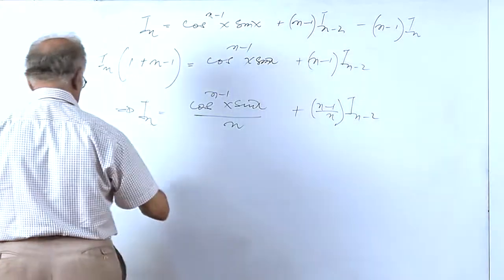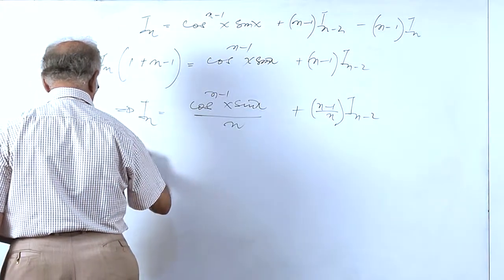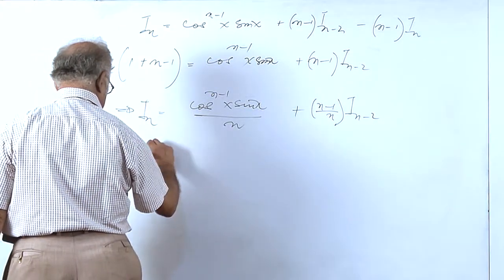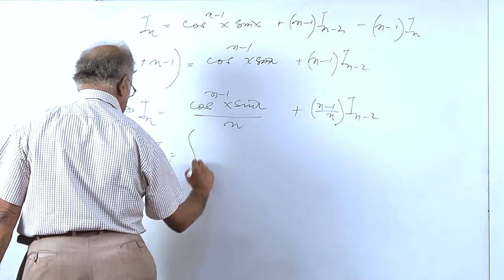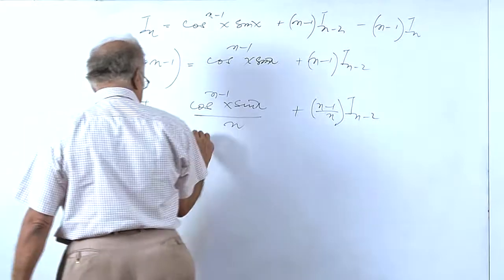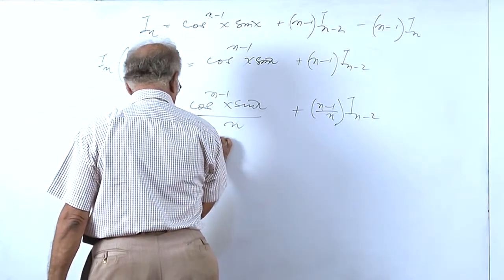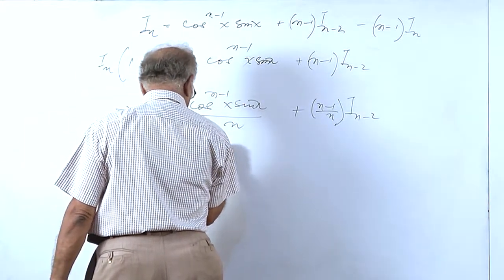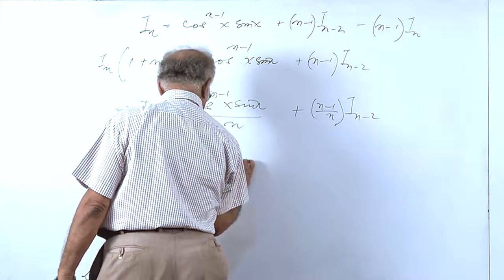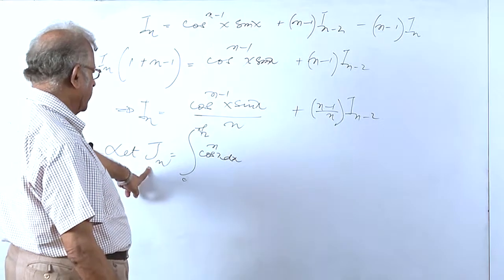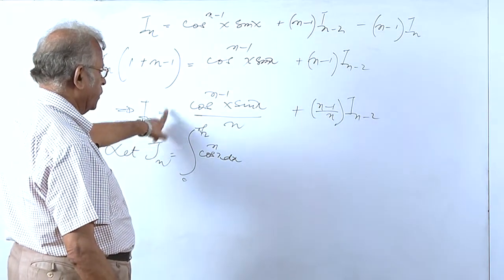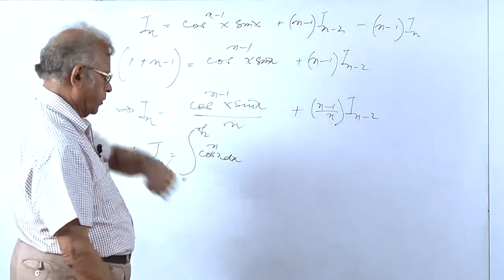Supposing we say let J sub n be nothing but the integral from 0 to pi by 2 of cos to the power n x dx. In other words, J sub n is I sub n with limits.